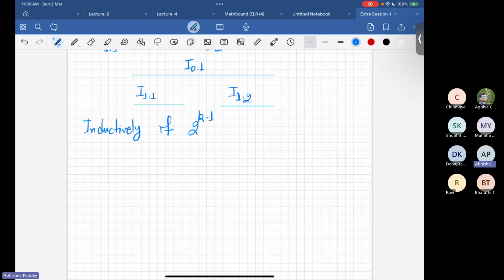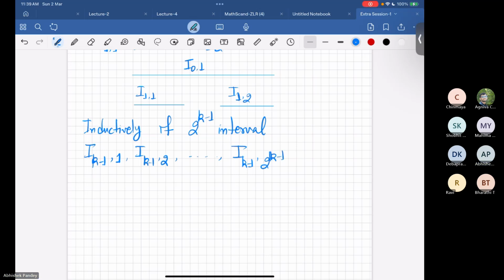So inductively, suppose we have 2 to the power k minus 1 intervals, I k minus 1, at the k minus 1th stage.